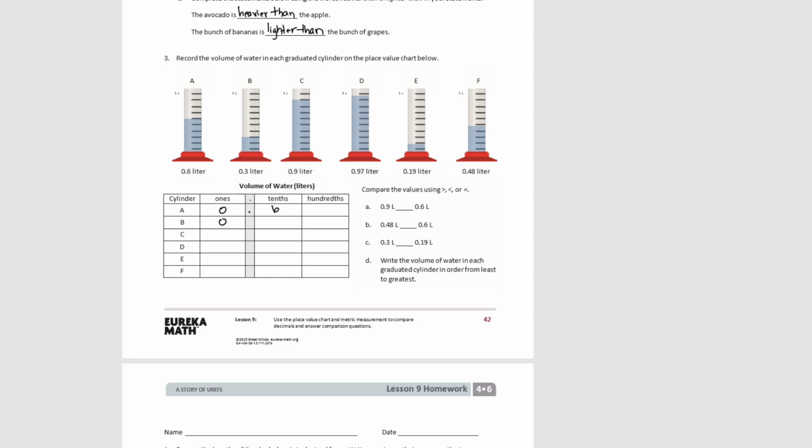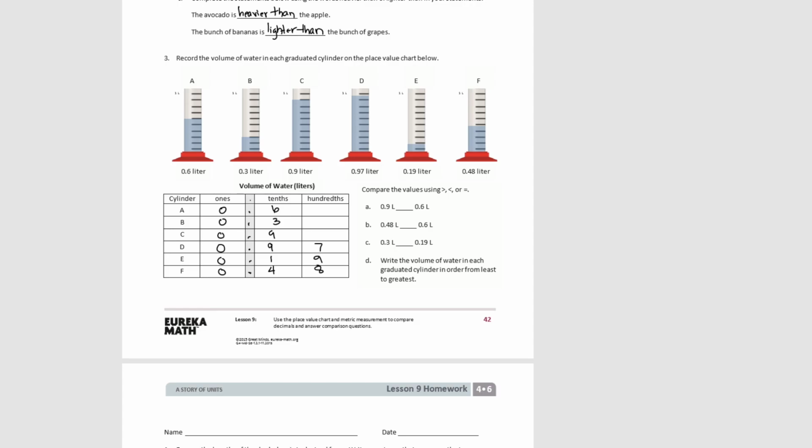B is no 1s and 3/10. C is no 1s and 9/10. D is no 1s, 9/10, 7/100. E is no 1s, 1/10, and 9/100. And F is no 1s, 4/10, and 8/100.